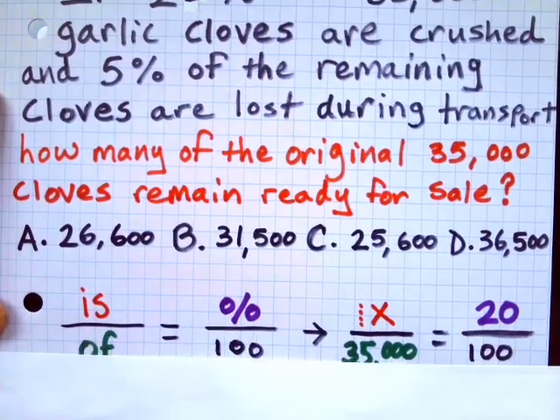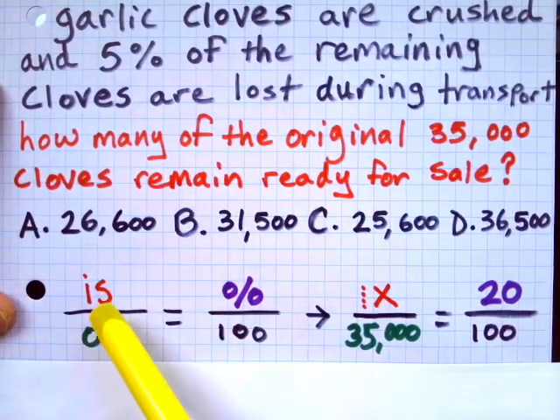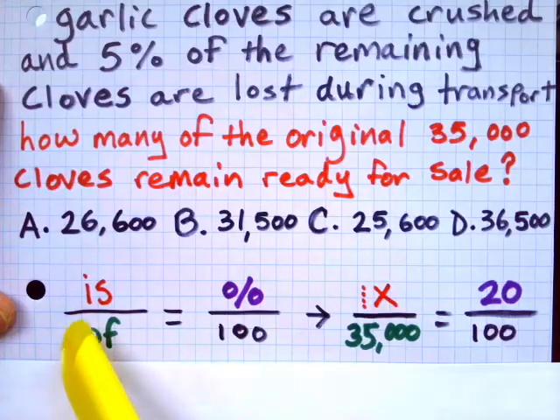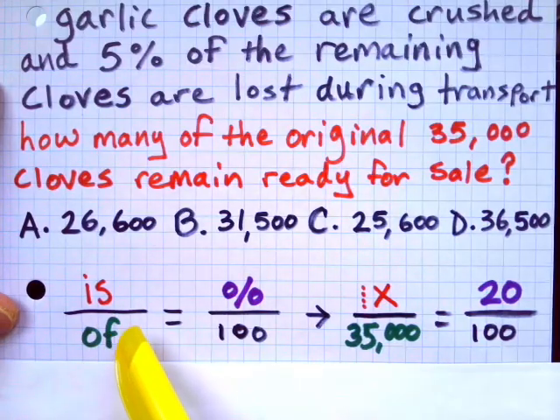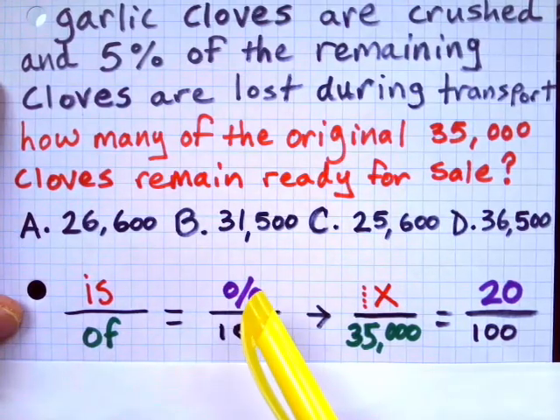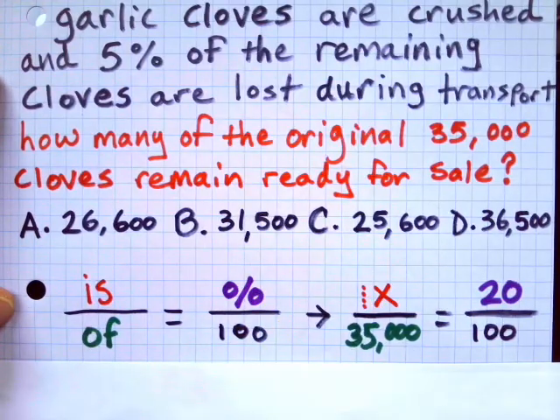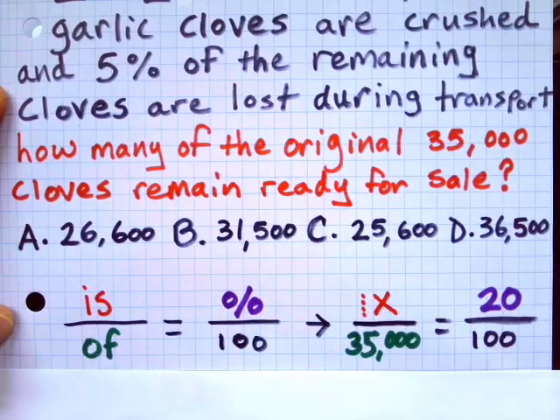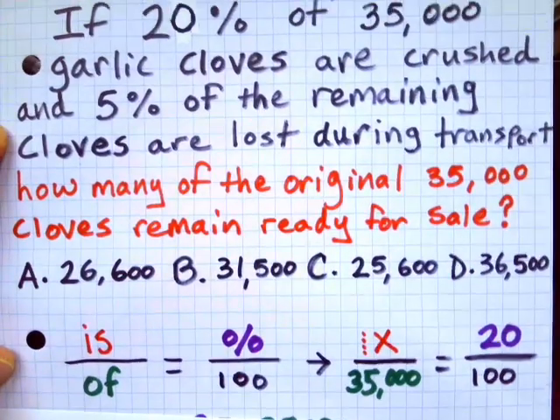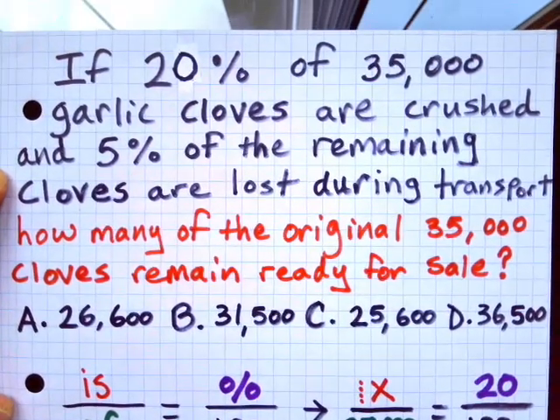I'm looking for an is or of statement where I could substitute a value. I've been given the 2 different percentages, so I have a good idea of what that is. So if you read the question above, there is an of statement, right?